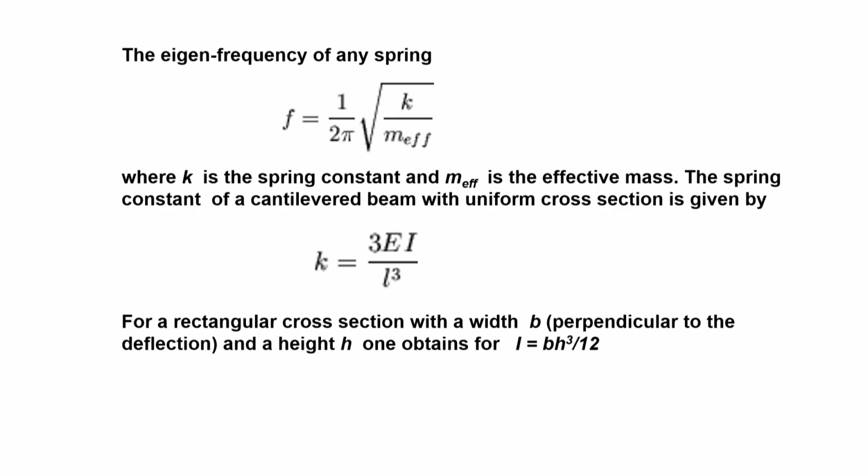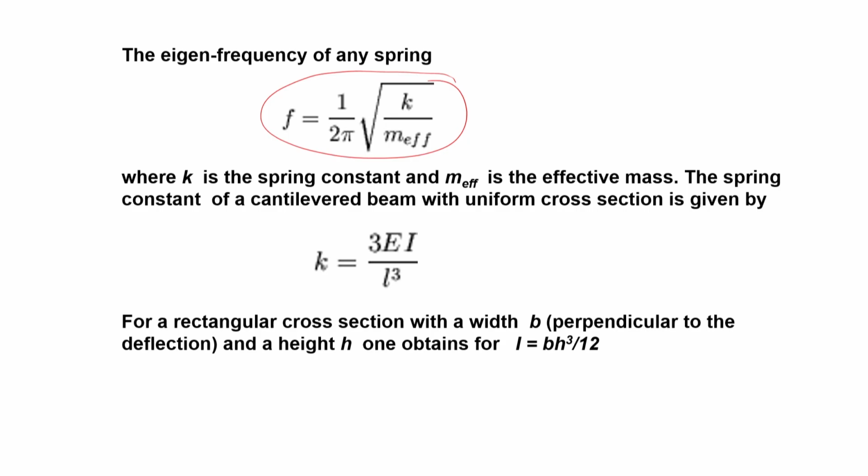Now, let us come back to the probe. The probe has some natural frequencies, okay, which can be described with the help of this equation, which is of the form square root of k by m, simply in terms of rad per second. So, the question now is, what is the k?